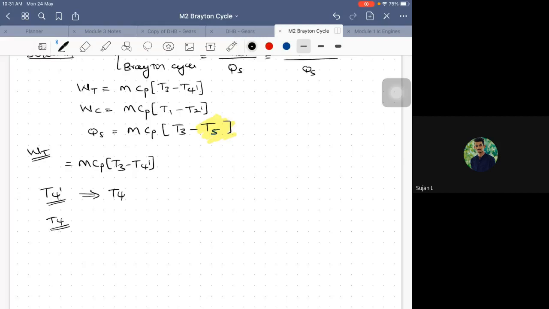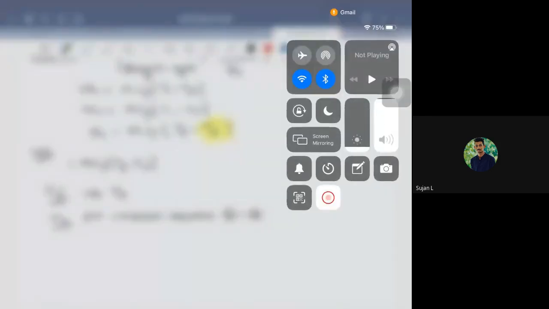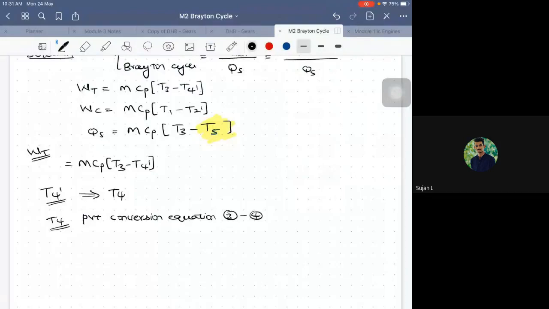Yes, PVT conversion equation. So for which process are you going to apply it? You are applying it for 3 to 4, which is adiabatic expansion. So for adiabatic expansion, what is the PVT conversion equation?